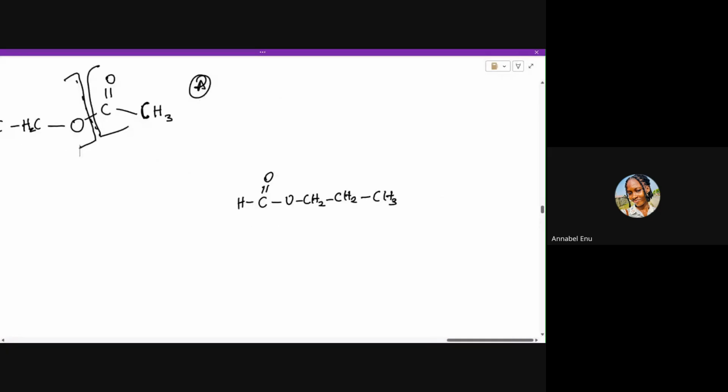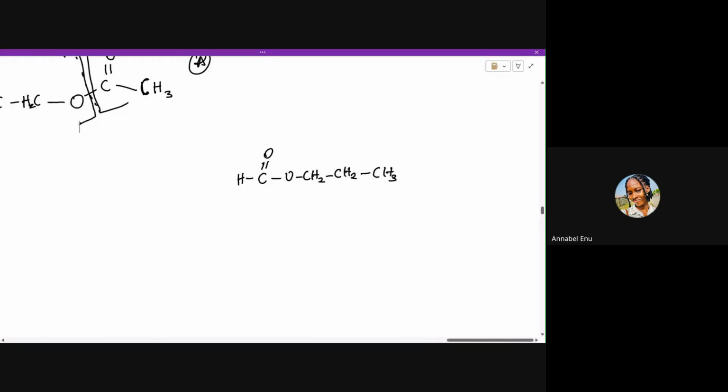Now what about this other one? This time I'm not going to write the demarcation. You divide it into two yourself. So you should try your answer on this one. What would be the name of this ester?